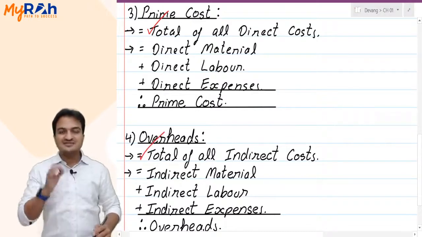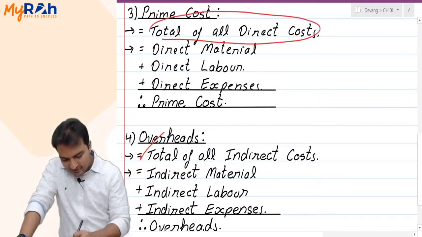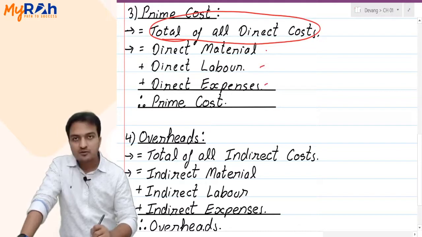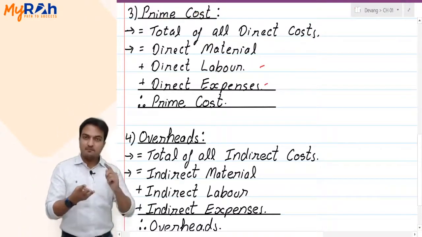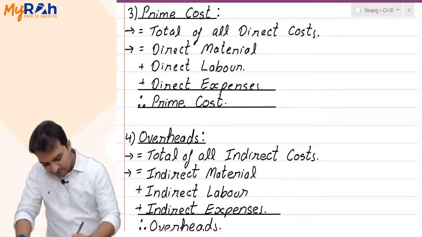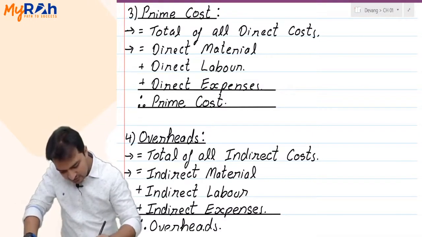Prime cost is the name given to the total of all direct costs. All the items of direct costs total is called prime cost. So direct material plus direct labor plus direct expenses, that total will be called prime cost. For our easy reference, I will just use short names for that.